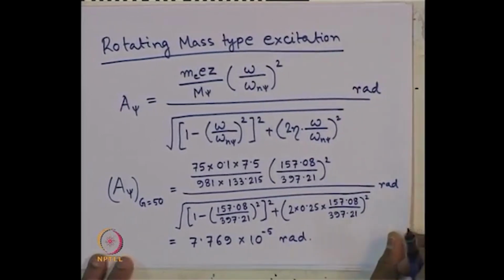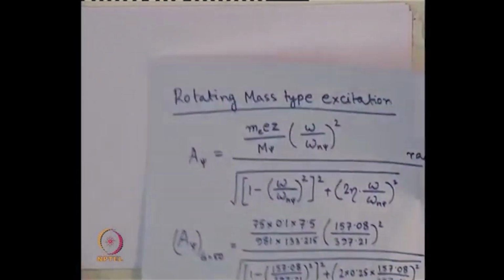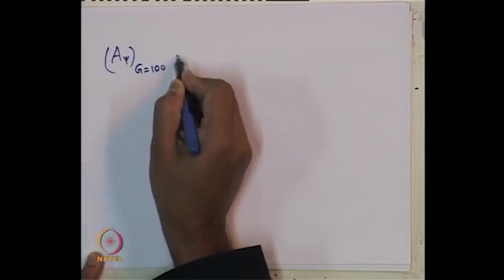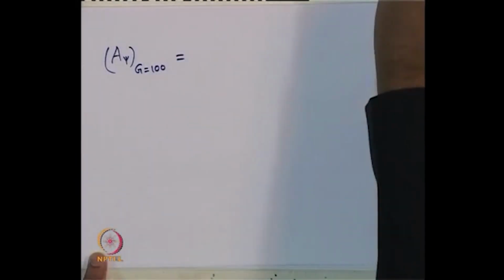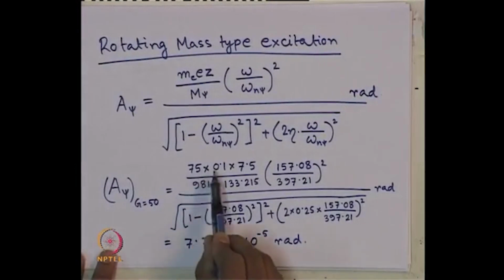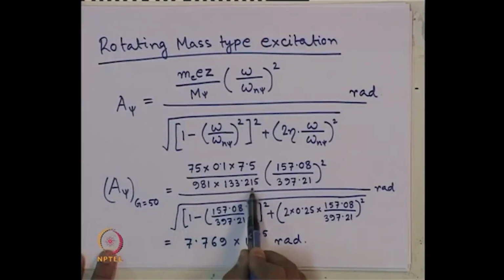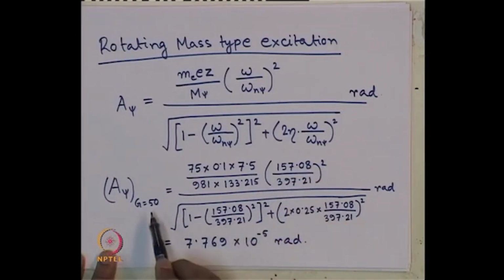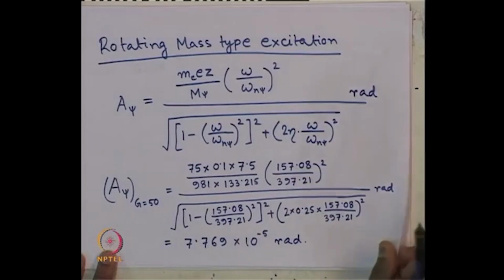Now, let us calculate for the other two cases of soil, A psi for G equals to 100. What are the changes? Let us look here. These values will remain the same, only m psi will change as the soil type changes. Also this omega remains the same, but omega n psi will change as the soil changes.